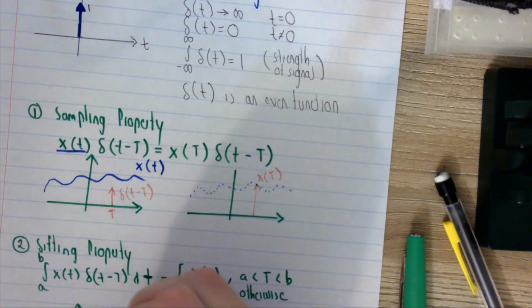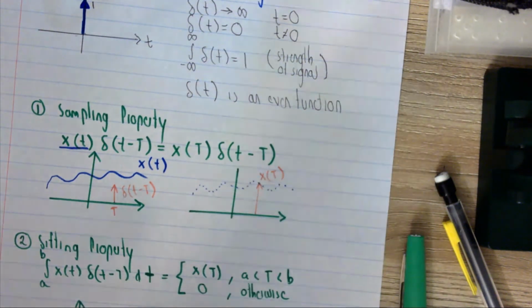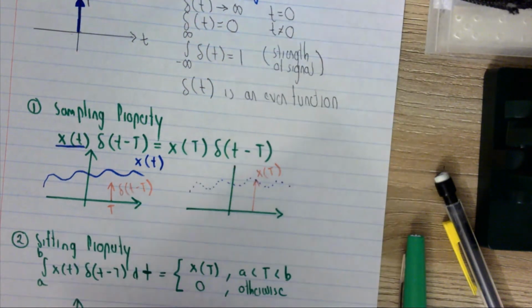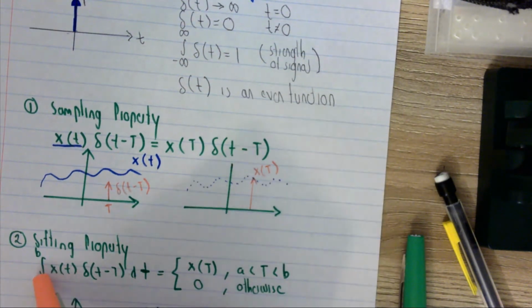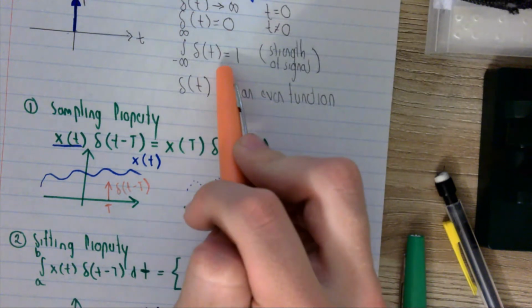Then when we take the integral under it, remember that when we took the integral of the delta signal, that gives you the strength of the signal.